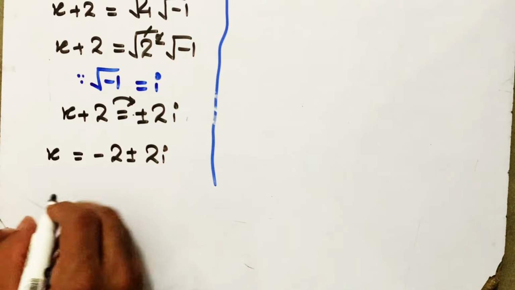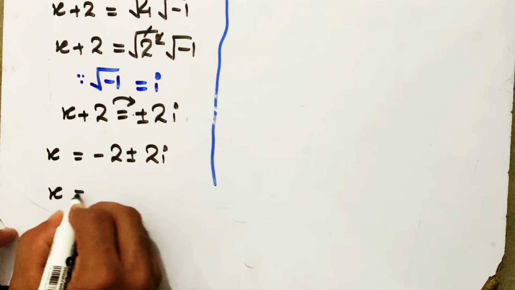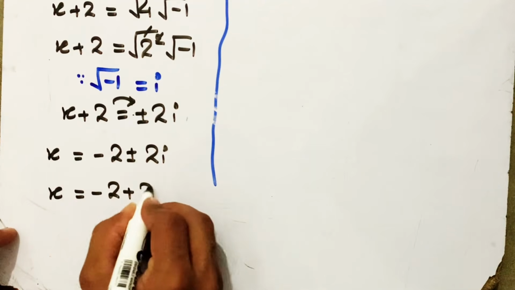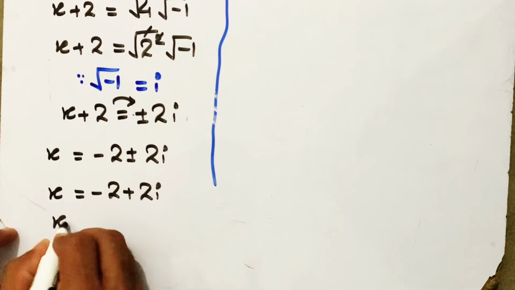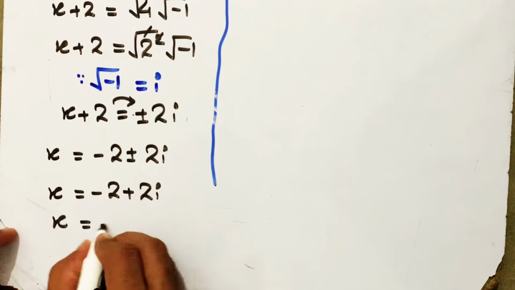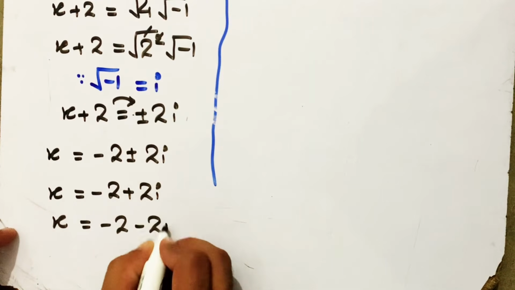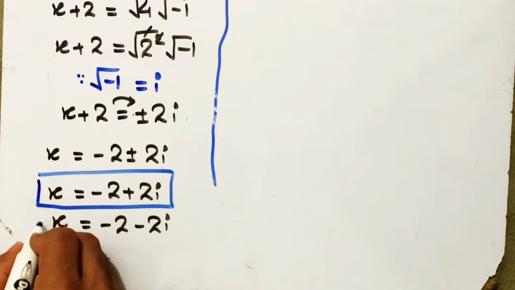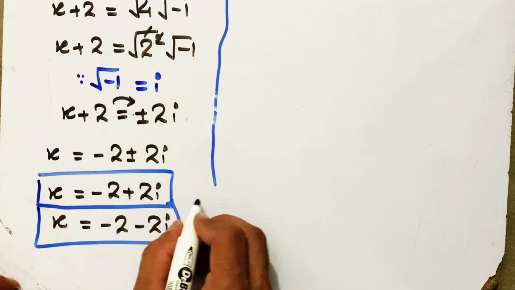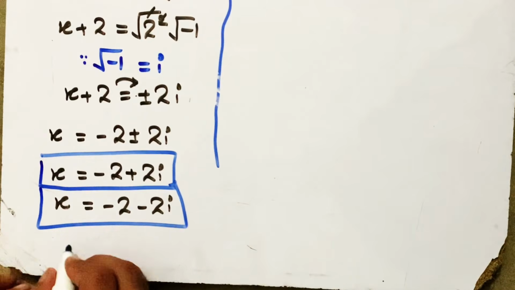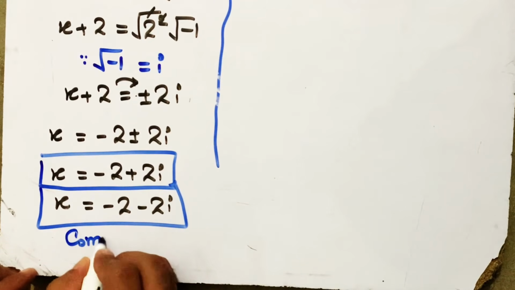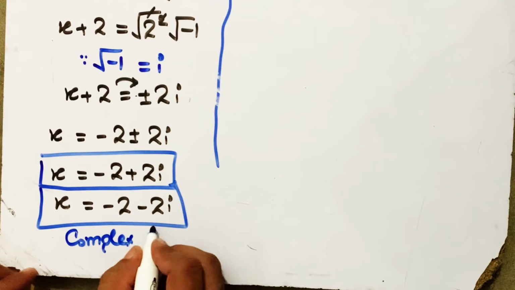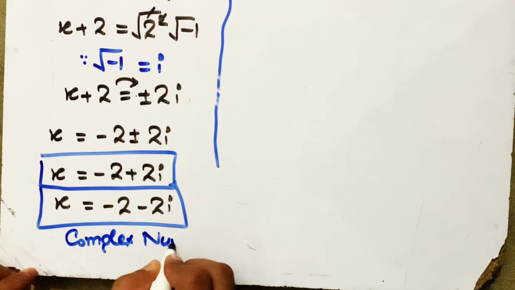So x = -2 + 2i, or x = -2 - 2i. We got two values, but they are complex numbers due to iota.